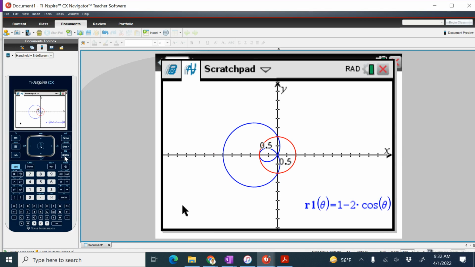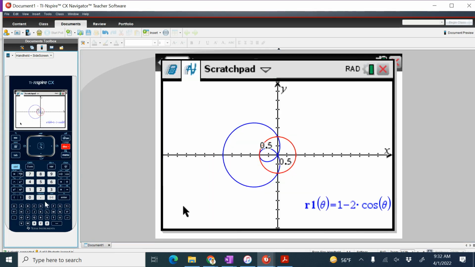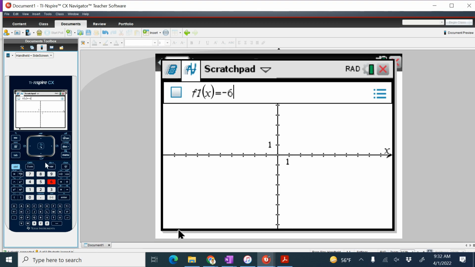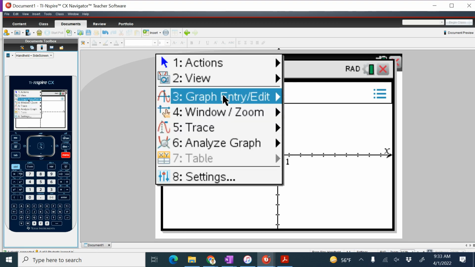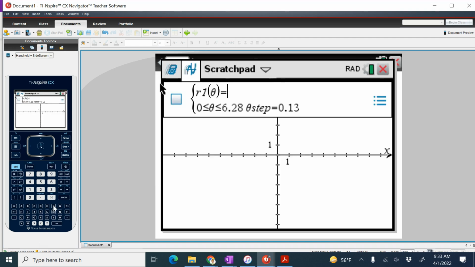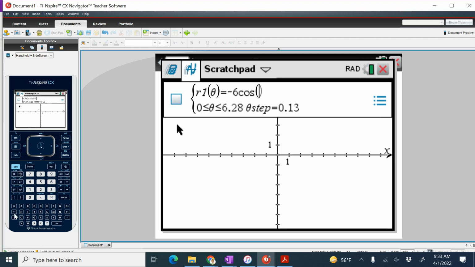So I'm going to go menu, actually not menu, doc B. All right. The first one was -6. Oh, that's not where I want it though. That's function, isn't it? Menu, graph, edit, entry, polar. -6 cosine theta, and hit enter.